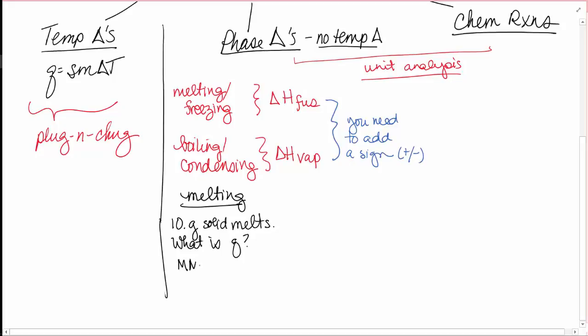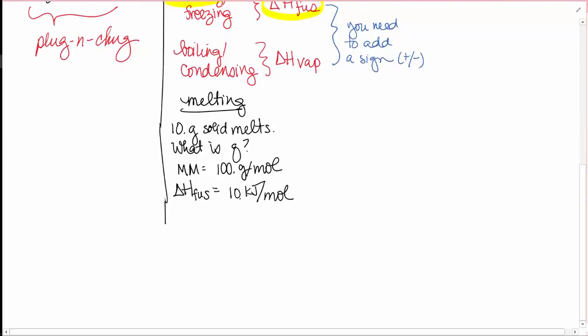The molar mass of our solid is 100 grams per mole. And I will also tell you that the heat of fusion, and the reason I'm choosing heat of fusion is because it's melting, and so that's what I use, for this particular substance is 10 kilojoules per mole. So we're going to solve that problem.